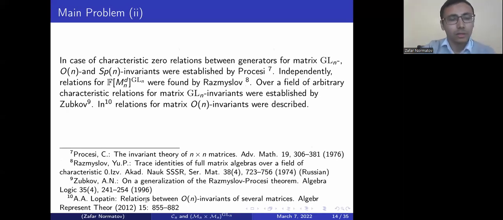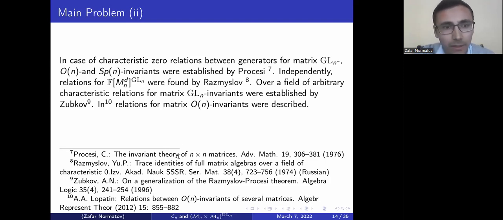Also, we talk about some results in solving the second part of the main problem. In the case of characteristic 0, relations between generators for matrices GL_n, O_n, and Sp_n invariants were established by Procesi in this paper.